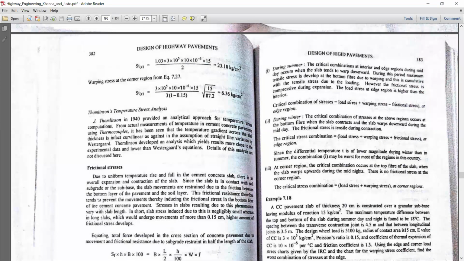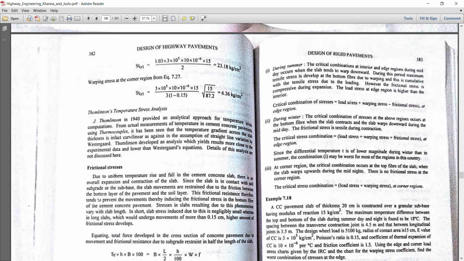Going to the winter season. During winter season, the critical combination of stresses at the above regions occurs at the bottom fiber when the slab contracts and the slab warps downward during the midday. What happens during winter season?